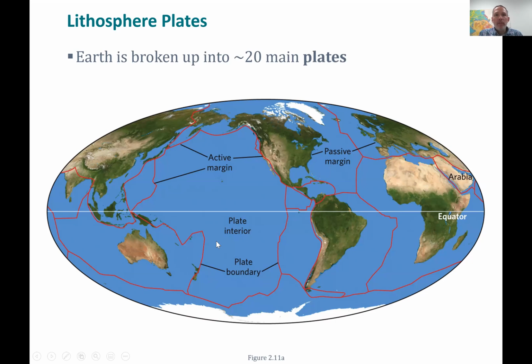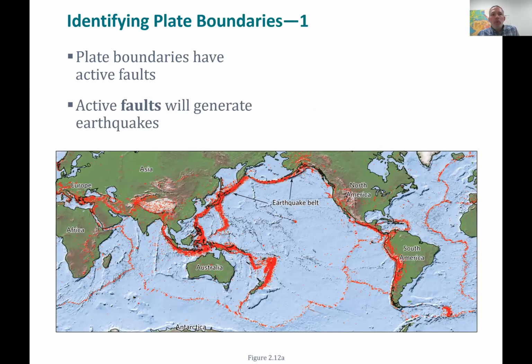And so the Earth is made up of about 20 large plates. There's a bunch of microplates as well. Just think if you dropped a hard-boiled egg, you're going to have some big shells, some little shells. The big difference between my analogy of an eggshell is that these plates will push towards one another, pull apart, and slide past one another. And so when we start looking at earthquakes, if we have a line of earthquakes, that's a really good indicator that we have an area that is going to have a plate boundary on it.